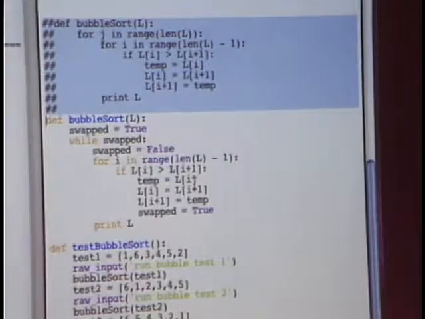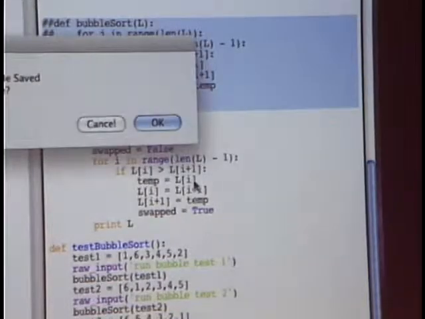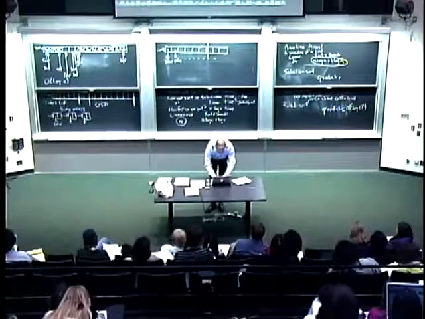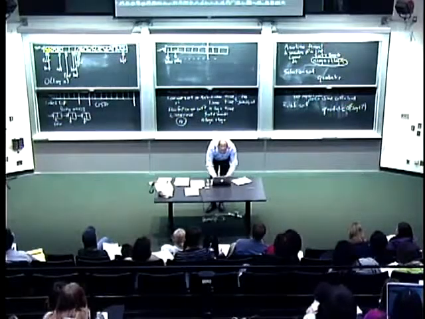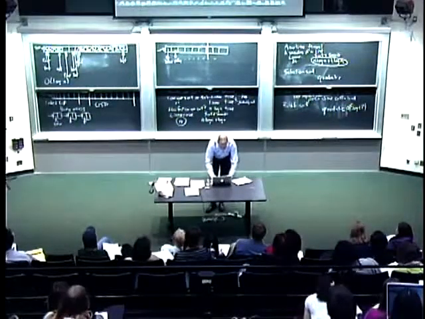But inside of the loop, I'm going to set it to false, and only if I do a swap will I set it to true. This says if I go through an entire pass through the list and nothing gets changed, I'm done. And in fact, if I do that and try test bubble sort, well, on the first case, looks the same.